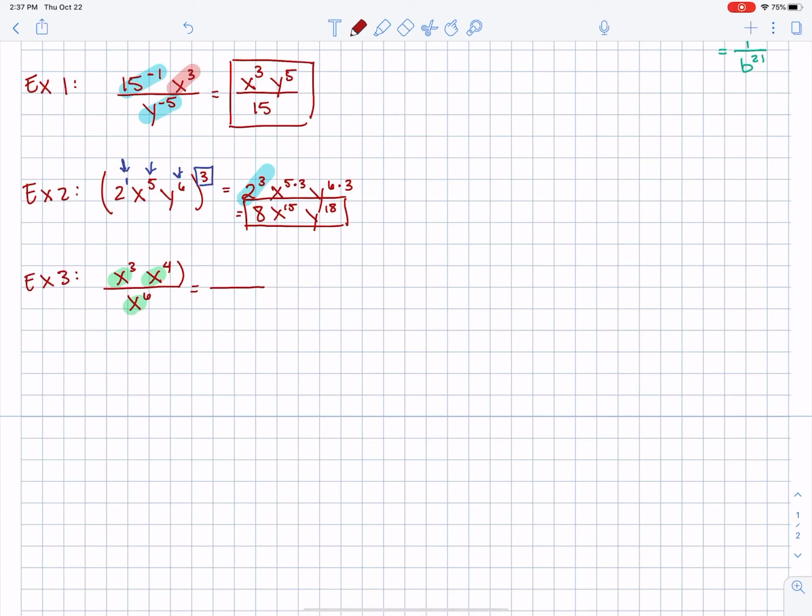In my numerator, they're multiplying together, and if they're multiplying together, we're going to add our exponents. So this becomes x to the power of 7, and I didn't touch the bottom one. Okay, now they're same base, and we're dividing them. So we're going to take this as x to the power of 7 minus 6. That's x to the power of 1. We just leave that as x. All that work there, final answer is x.